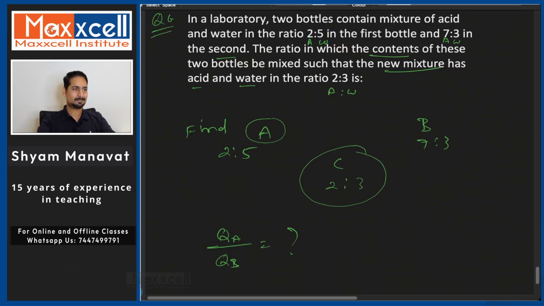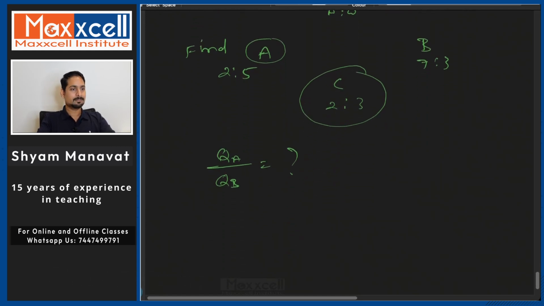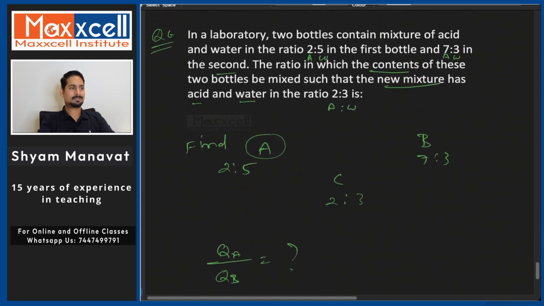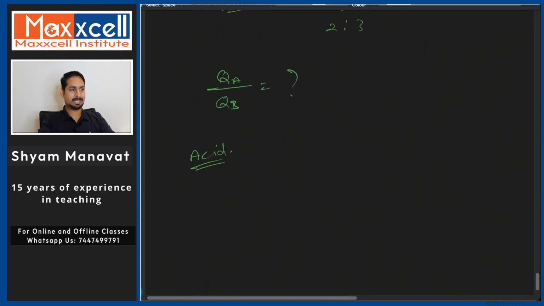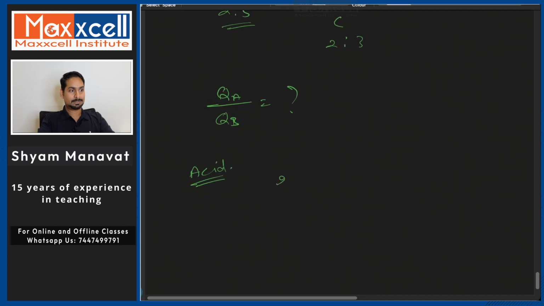Now look at this. Let me take this with respect to the concentration of acid. Don't worry, I will not make you calculate percentage. Now in the first solution, which is 2:5, the concentration of acid I will write is 2/7.